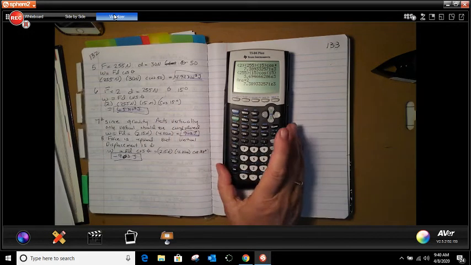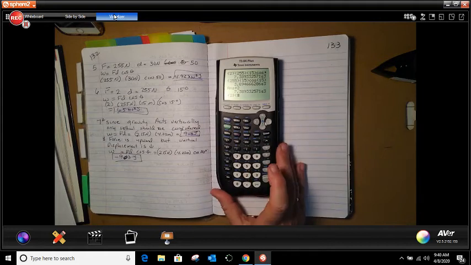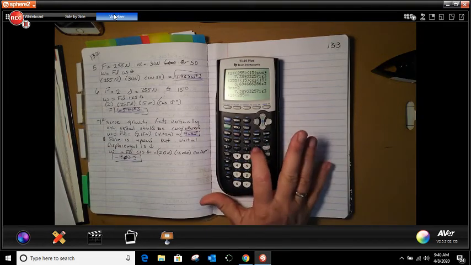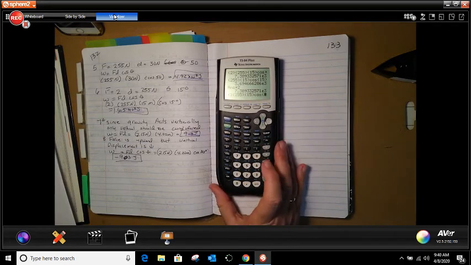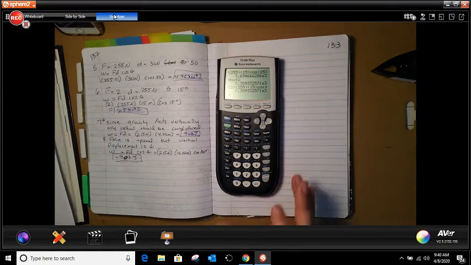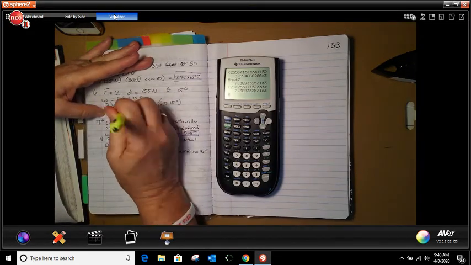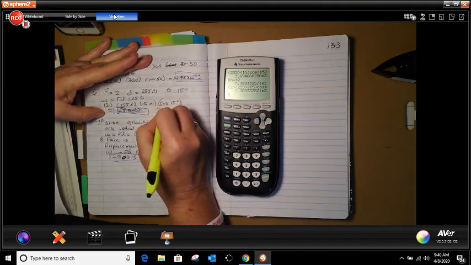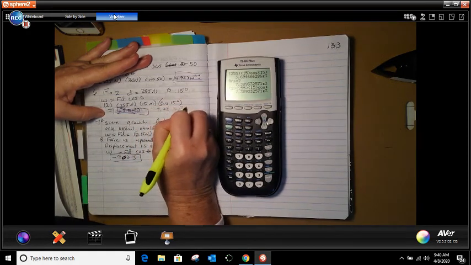Let's try again. 255, 15, cosine 15, close bracket, enter, and I still get 7.38 times 10 to the third. So that is the answer. My answer that I have here is wrong, and it is 7.38 times 10 to the third joule.